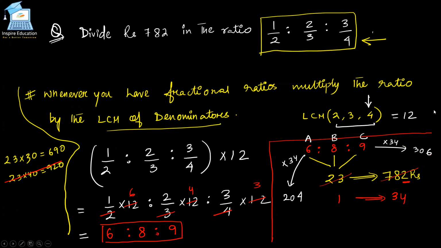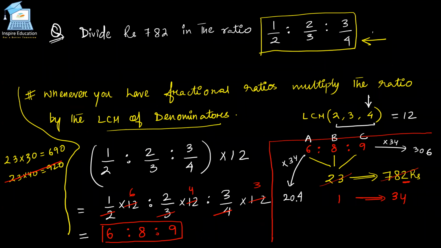But sir, how can we express this number in fractional ratios like 1/2, 2/3, and 3/4? There is no need to express these numbers, 204, 306, in fractional ratios, no? I mean, if you want to understand the reverse process, let me tell you the reverse process.